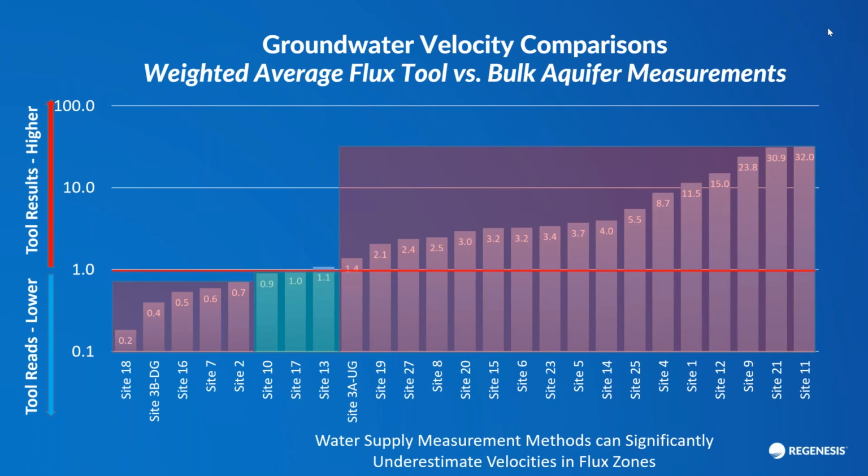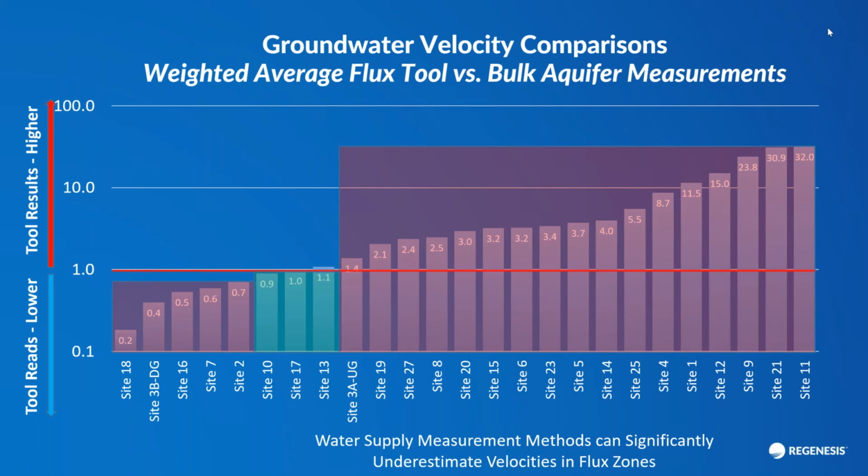And the tool reads lower than the bulk aquifer result, which is really good because you're probably going to save some money and have a really good, strong design. On the other hand, if you're on the right-hand side of the green, the three successfully estimated velocities, you're going to be in trouble really quick because you're going up anywhere from 1.4 to 32 times.